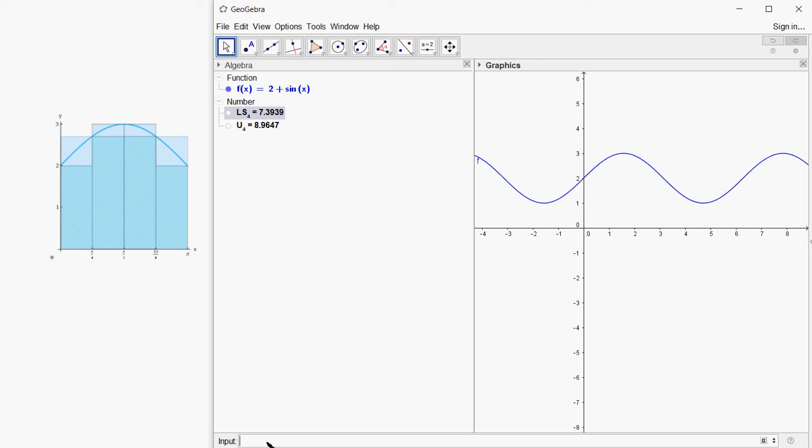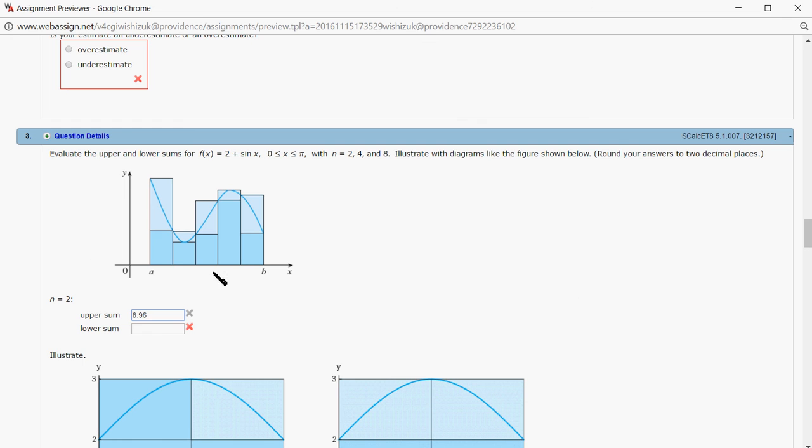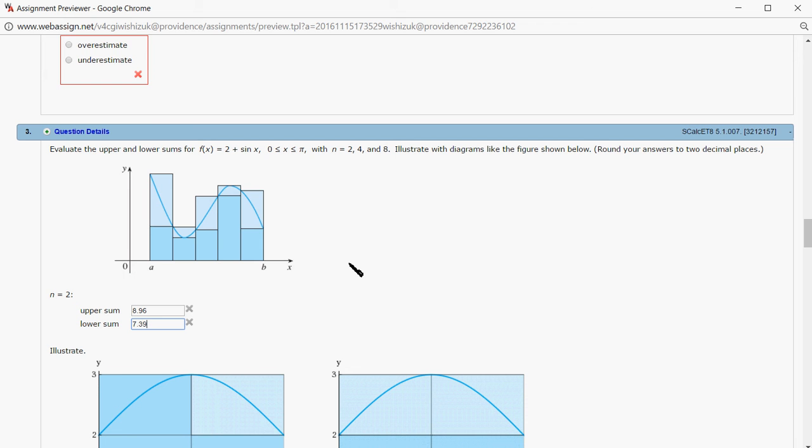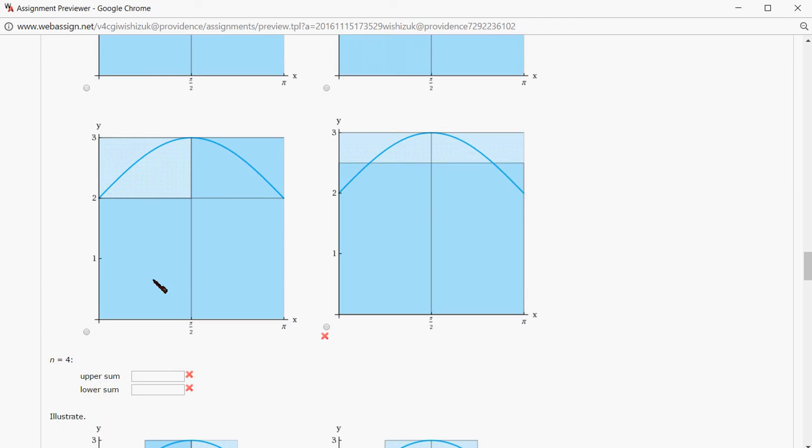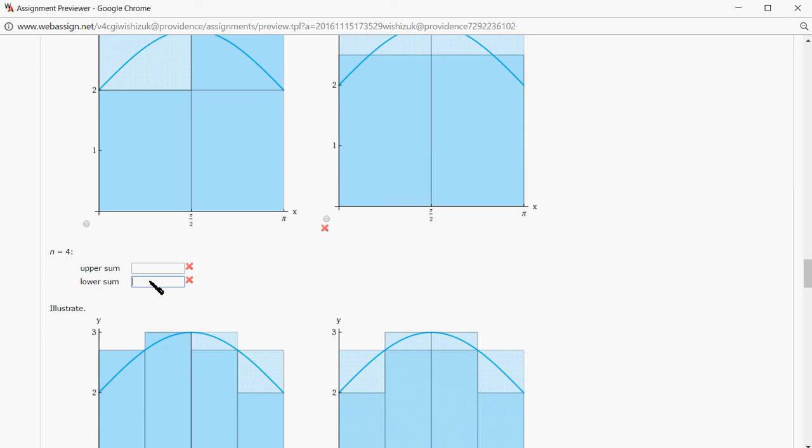Hit enter, and it came out to be 7.39. So I'm going to type it in. Actually, sorry, I put it in the wrong place. This is for n equals 2, so it was here: 7.39.